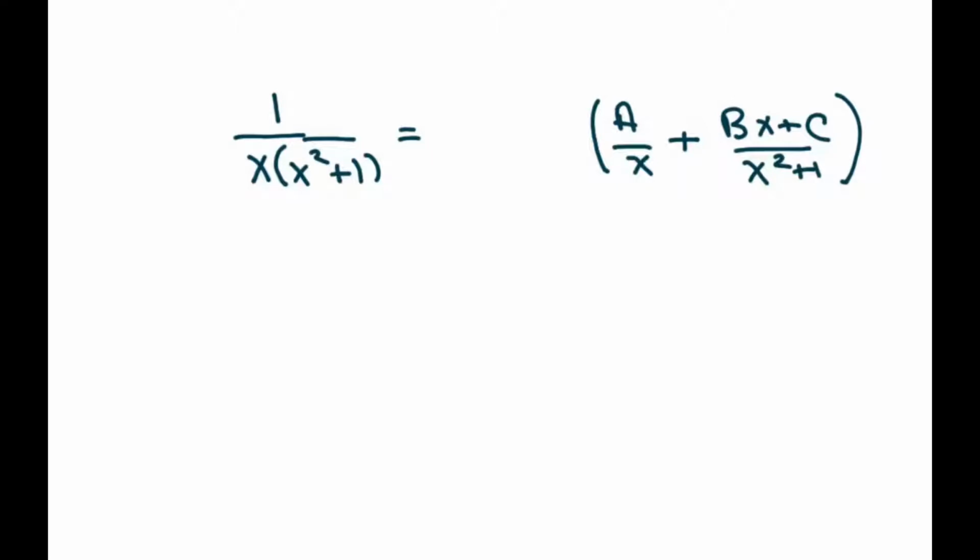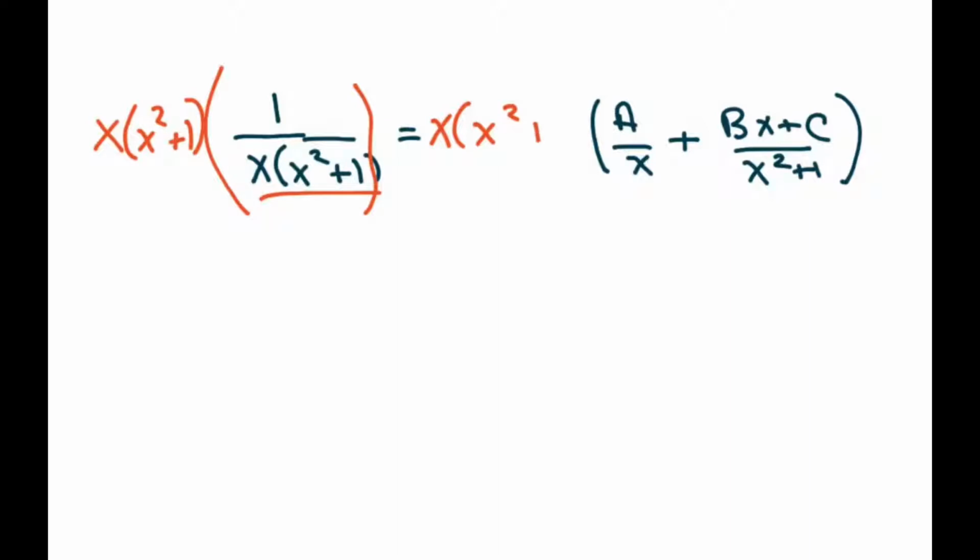Now we're going to clear these fractions by multiplying by my LCD, my least common denominator, which is always under this first part. So we multiply by x times (x squared plus 1) on both sides.